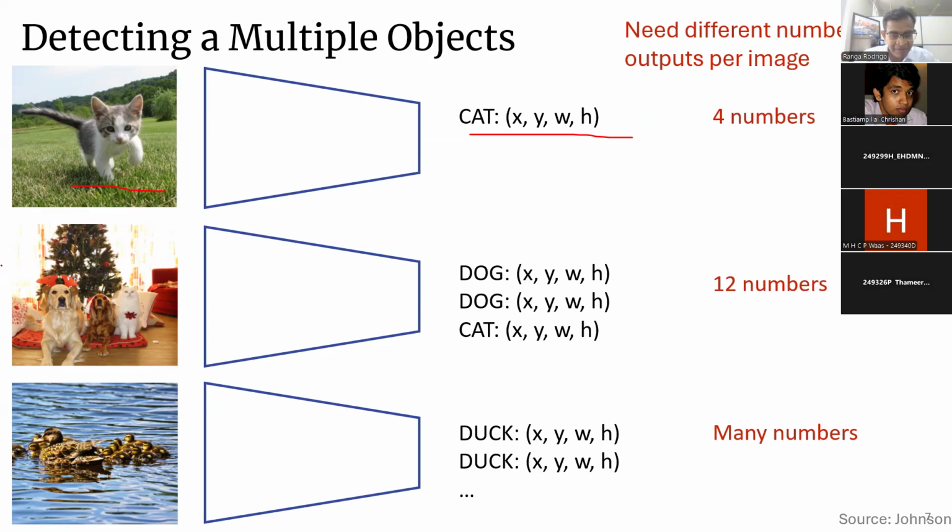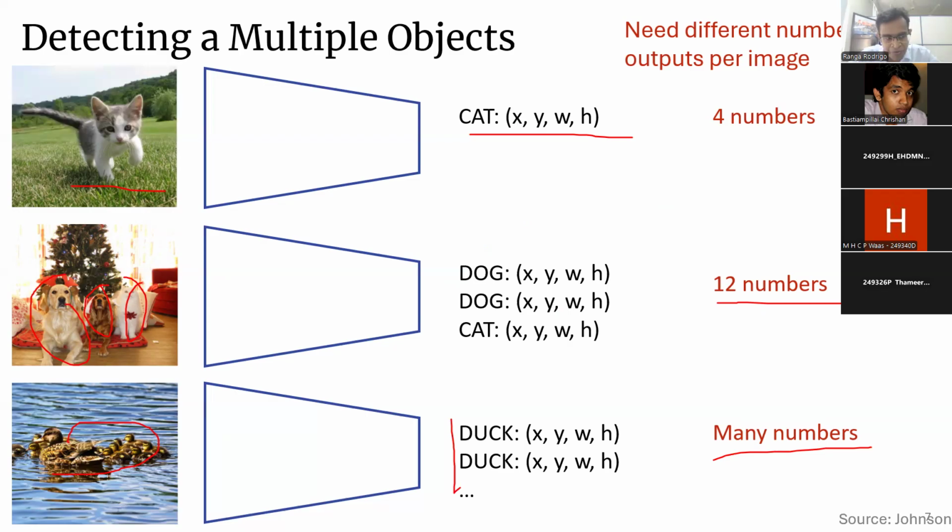But if you think about this image where there is a dog, a beautiful dog, another dog, a proud cat, we need 12 numbers as the output in the where branch. And if you take this one, a duck and the ducklings, you'll have so many numbers. Now, this is not possible for a neural network.